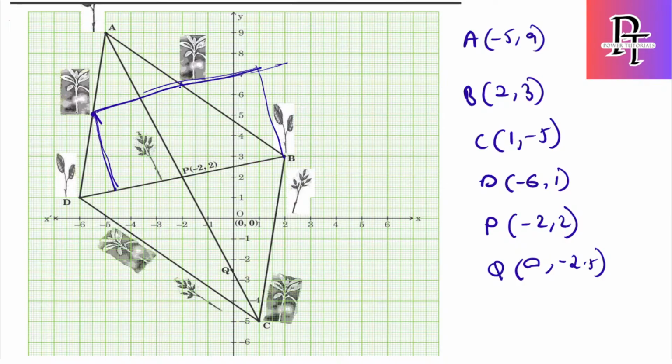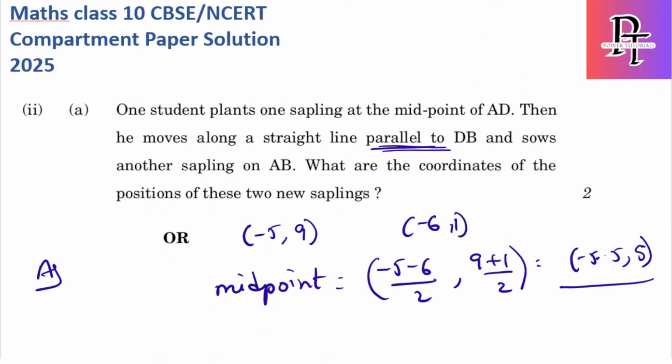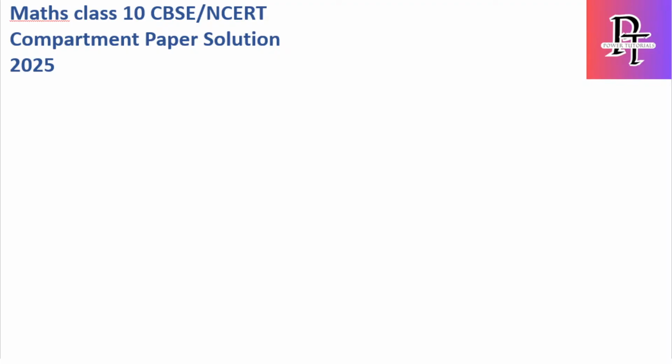Whichever touches at this point will be the other point. Still, the parallelness concept is not present in class 10 as per the geometry chapter, so you can skip this and go for the B part, because the B part is very easy.